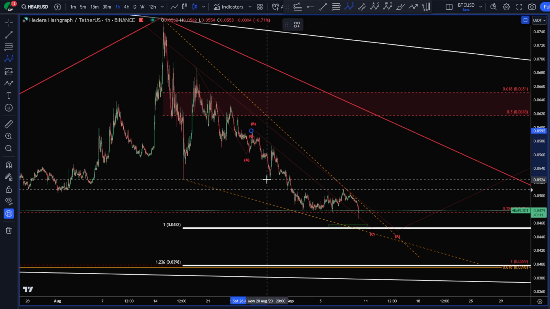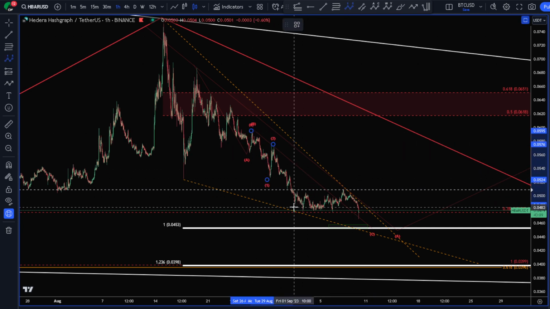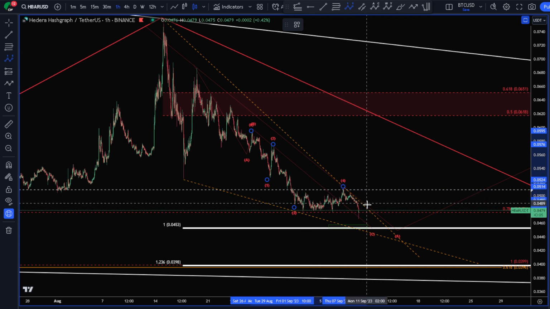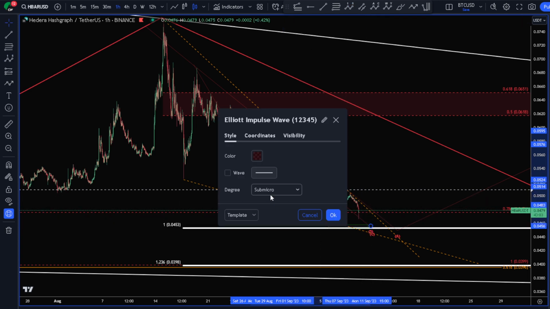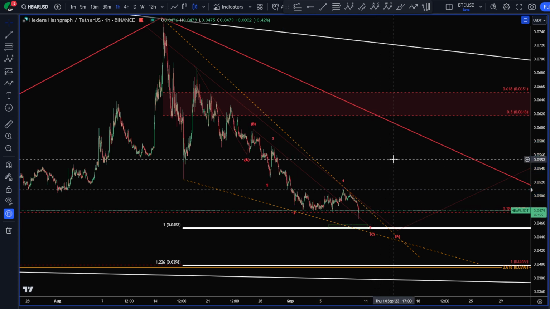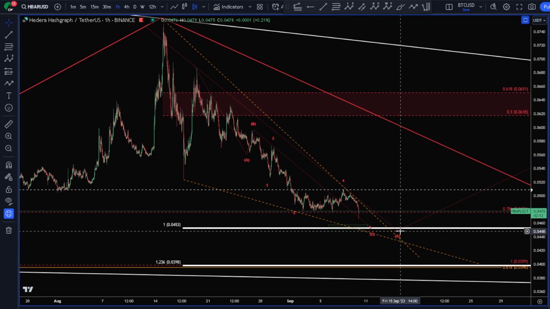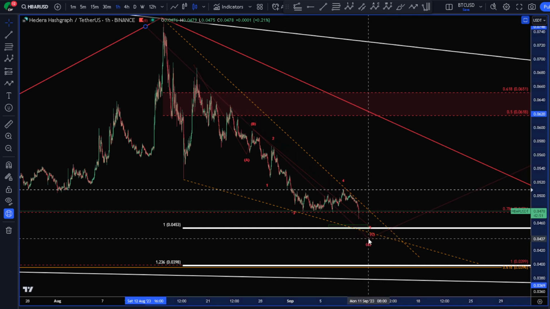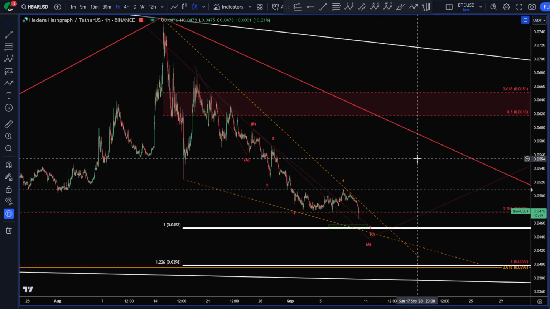Looks like we have 1, 2, 3, an expanded flat. Yeah, complex WXY there, and we're working on our fifth currently to finish up an ABC. And that would make our A wave going up for a B wave, looking for a C.